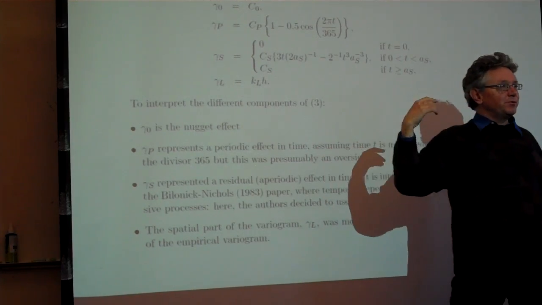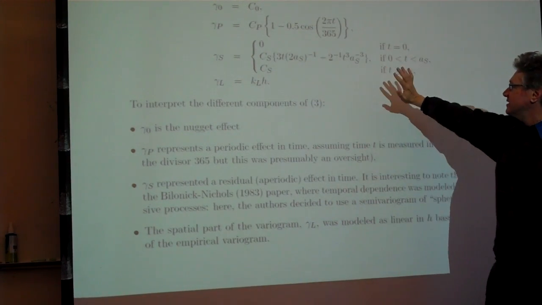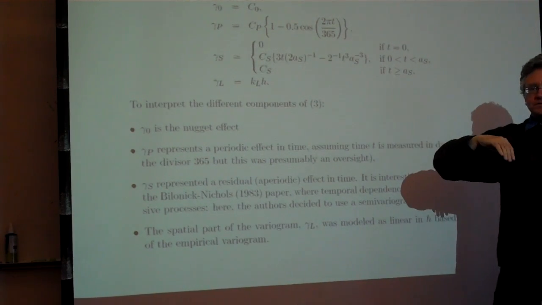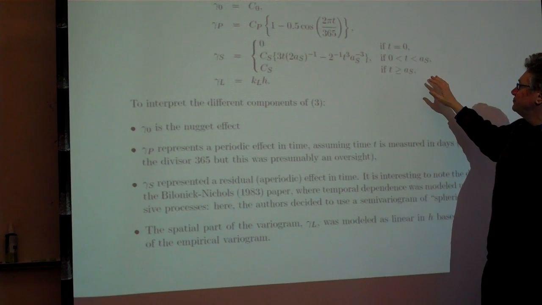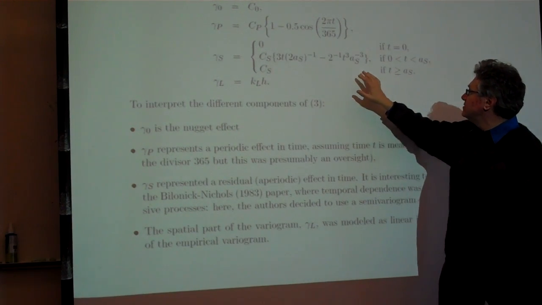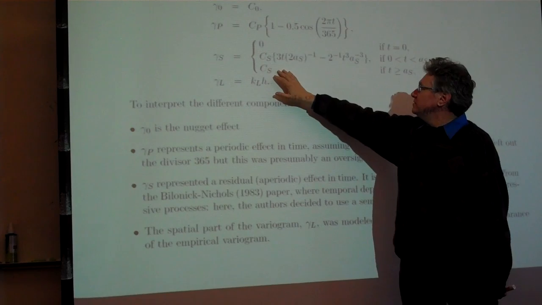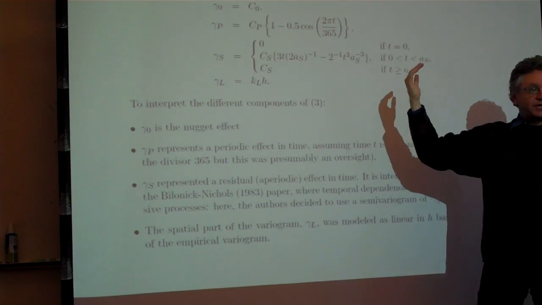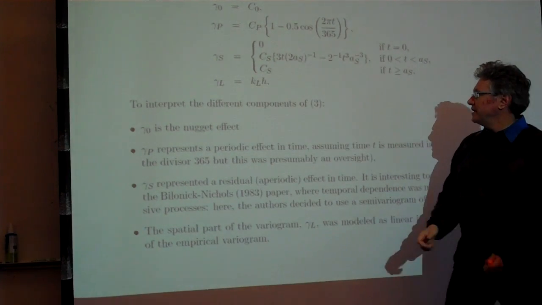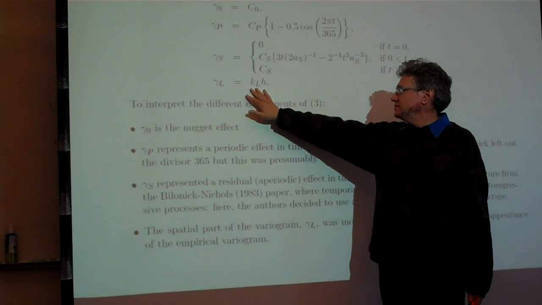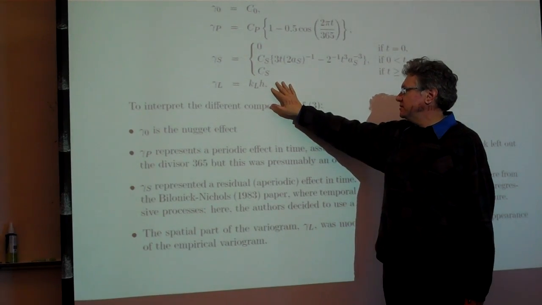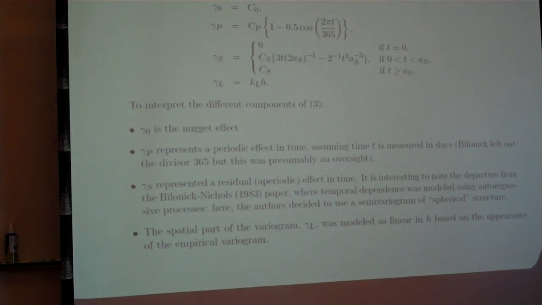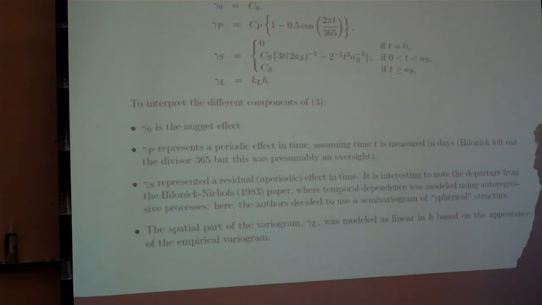The short-term temporal correlation is modeled in this case as a spherical function. This is the equation for the spherical variogram, where AS is the range. The spatial component is just a linear function. The variogram increases linearly with distance.